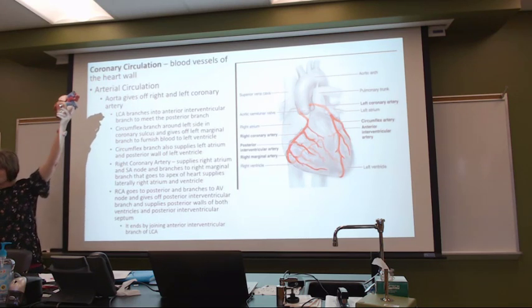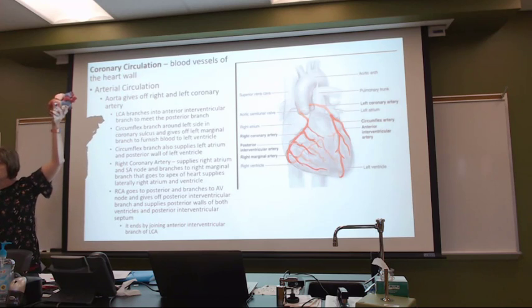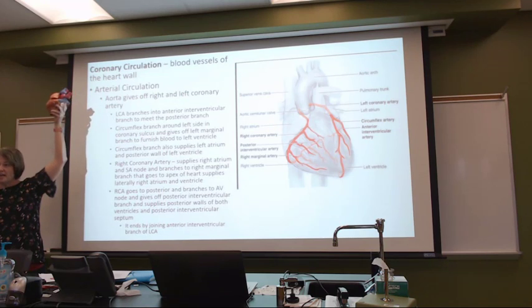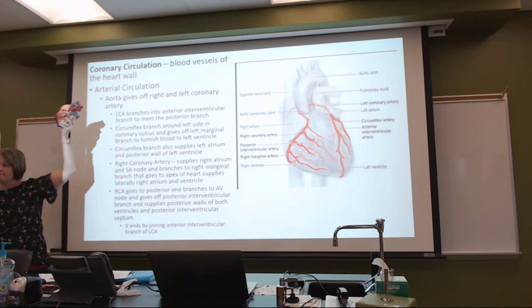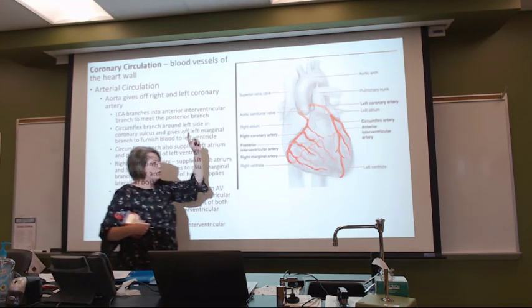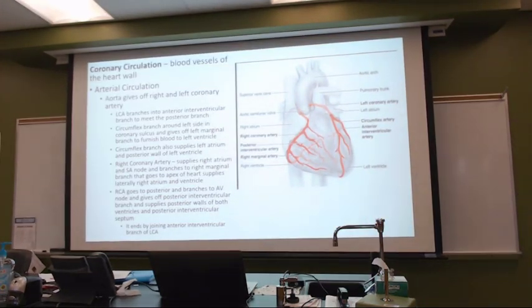Have I pretty much covered all portions of this organ for blood supply? I have covered atria front and back, ventricles front and back, as well as the side. Yes, that is my coronary blood supply.